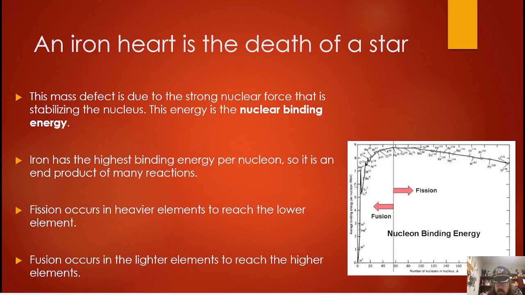So elements below this are going to fuse together till they get to elements that have a higher nuclear binding energy. Well, elements above iron will start to drop back down in terms of nuclear binding energy. And so these guys are going to be weaker and want to break apart. These guys are going to be easier to fission into different elements.